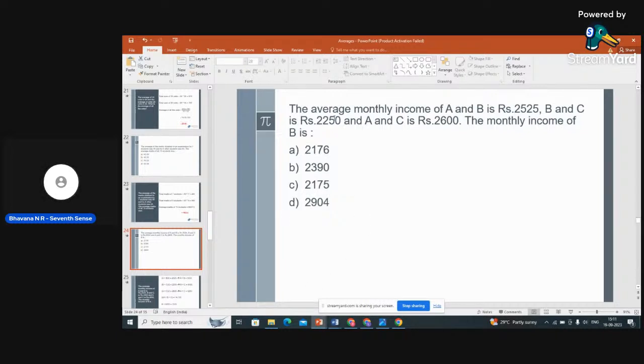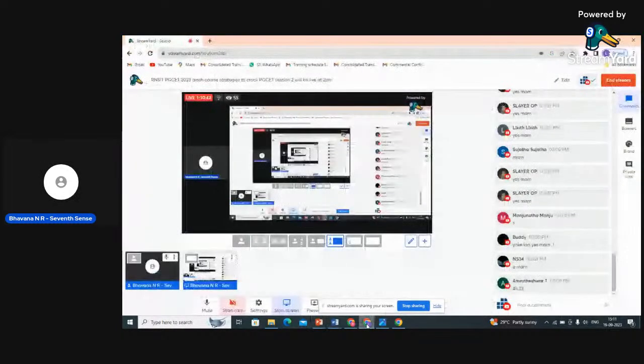The average monthly income of A and B is rupees 2,525, of B and C is rupees 2,250, and of A and C is rupees 2,600. What is the monthly income of B? Drop a message in the comment box. So what is the answer for this?